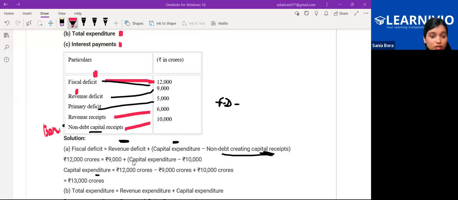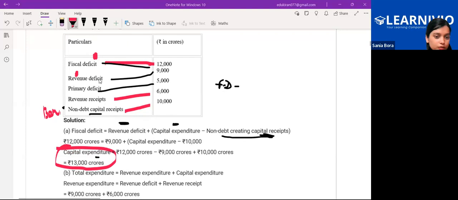Capital expenditure, you found it here in the first question. Okay, 23,000 crores. Ma'am, what you got? 23,000 crores.